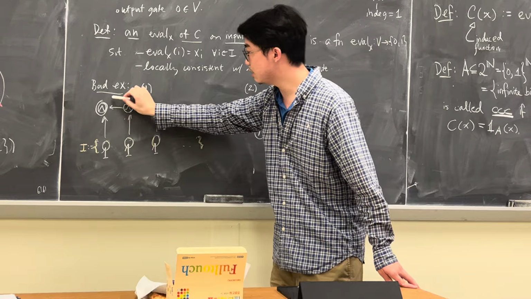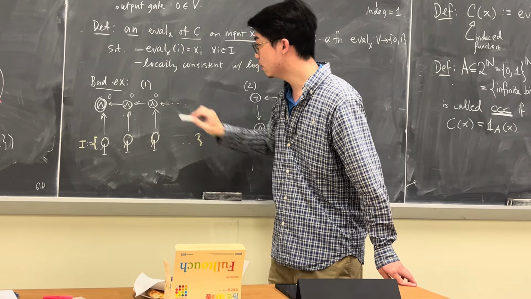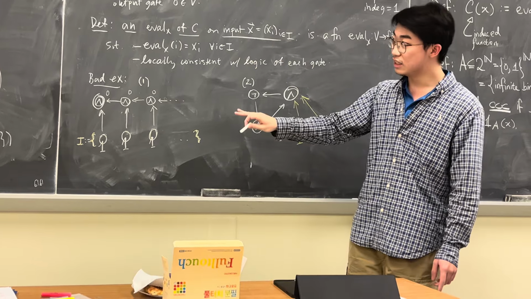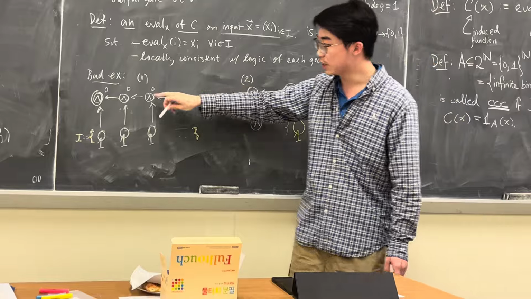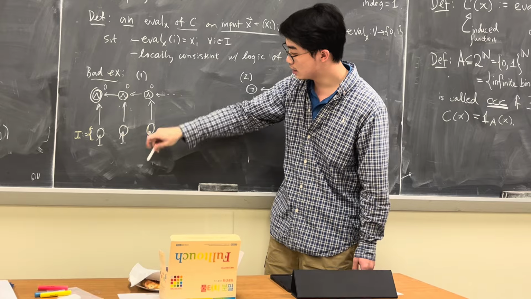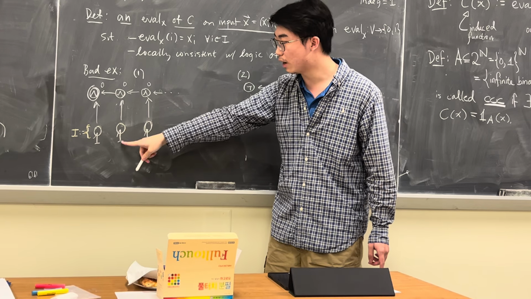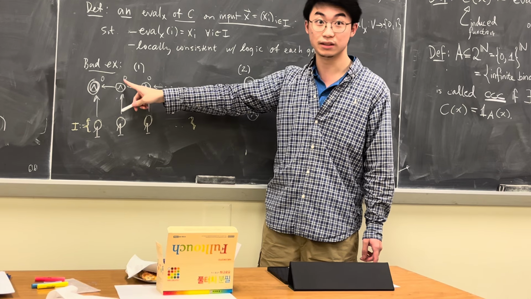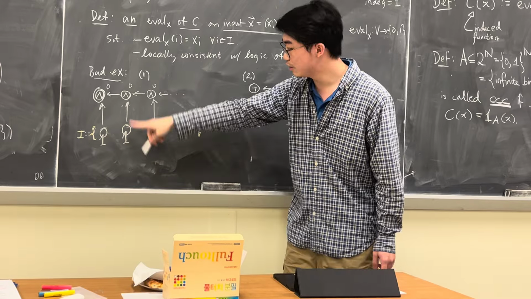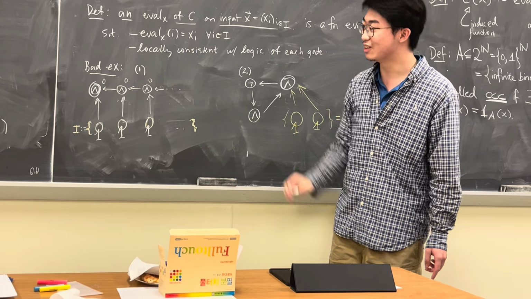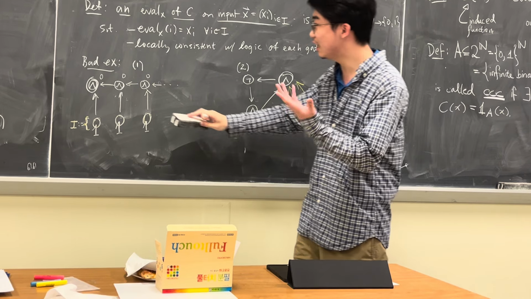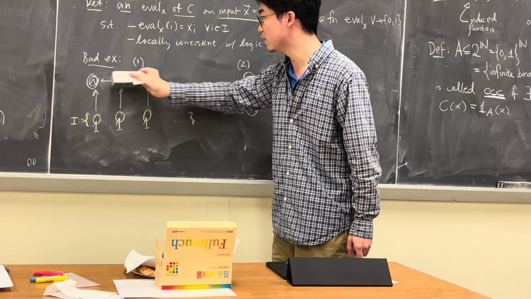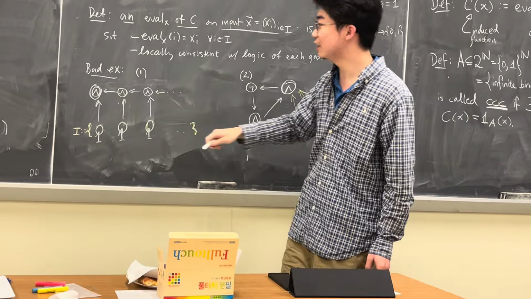One evaluation is if I put all zeros here. Okay. This is logically consistent with the logic of each gate, because this guy takes in a 1 and a 0, and an and of a 0 and a 1 is a 0. Okay. And in fact, all of them look the same, because they're literally the same. So that is one valid evaluation of this countable Boolean pseudocircuit.